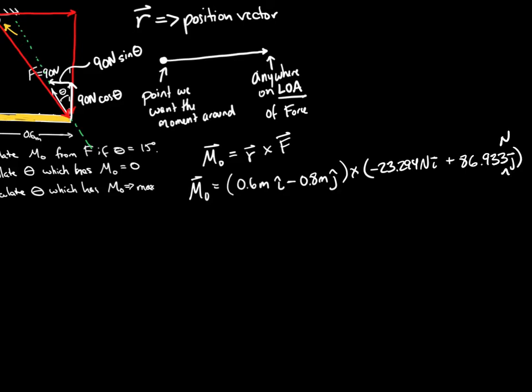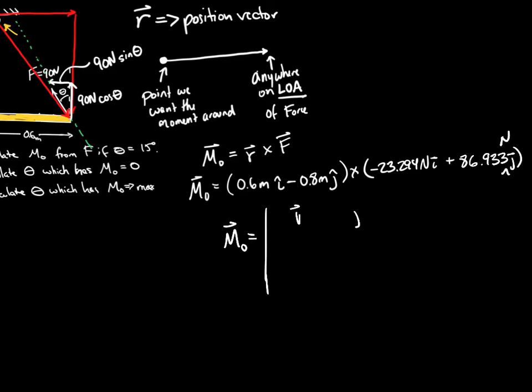Now we have to actually do the cross product. The way that we do this, usually we use something called the determinant, and there's easier and harder ways to do the determinant. I'm going to recommend, I think it's called Cramer's rule. Let's set up what this is. So this is going to be M about 0, or O, and the determinant is typically drawn with some brackets.